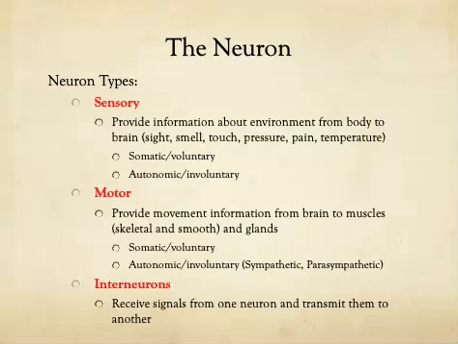Now, these are the three breakdowns in the types of neurons that we find in the nervous system. But it's important to know that the anatomy of these neurons, how they literally look, is going to differ from place to place in the body.